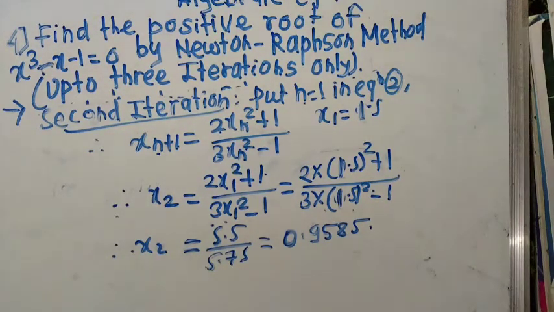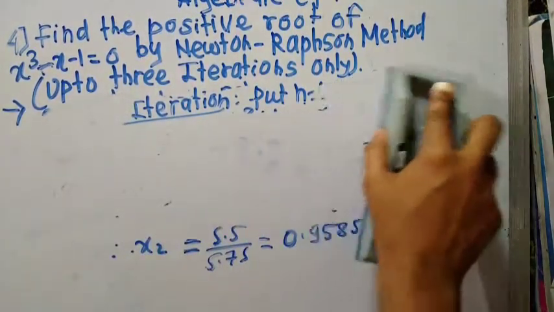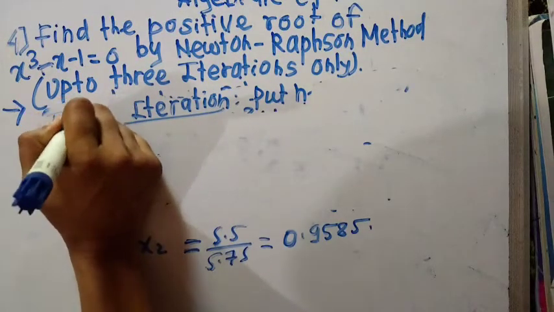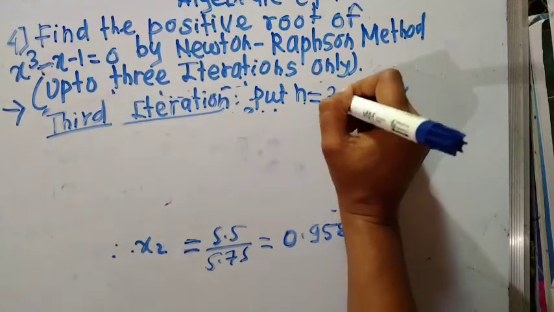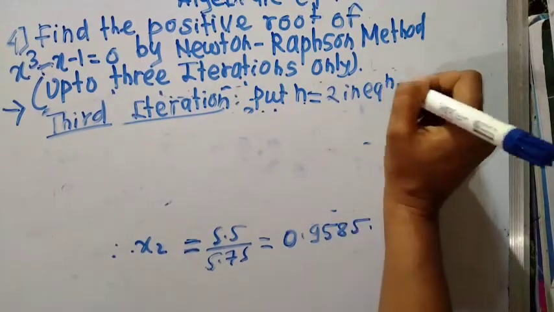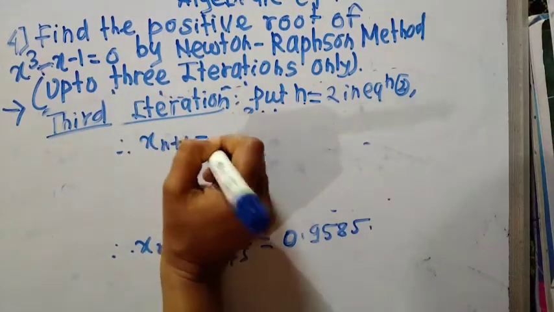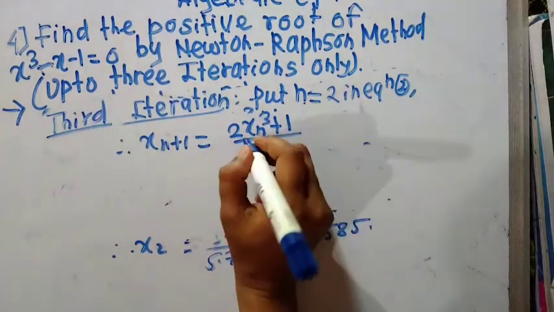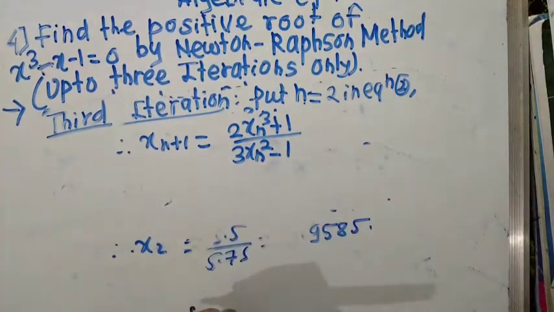Then the third iteration. So put n is equal to 2 in equation second. So equation second is xn plus 1, which is equal to 2xn cube plus 1 divided by 3xn square minus 1.